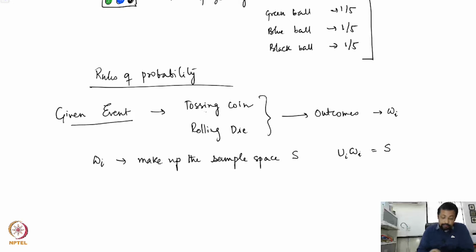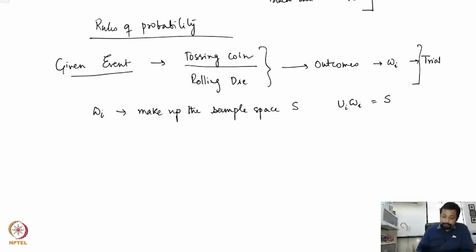This event where you have tossed a coin is typically what is called a trial. For tossing a coin, I know the outcomes are either head or tail, and therefore this is the sample space for this event.